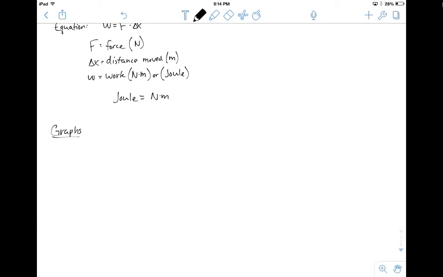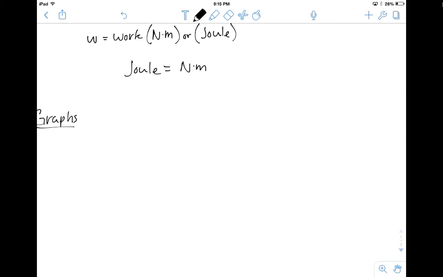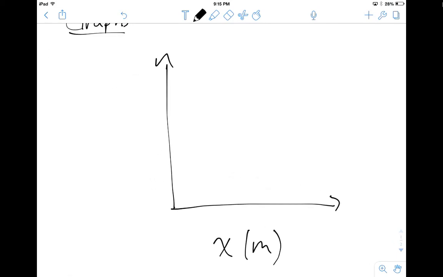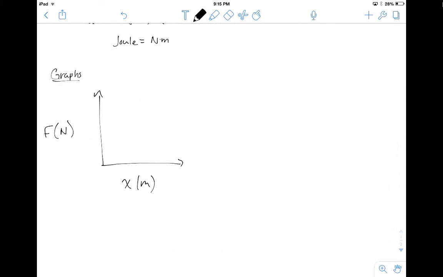Okay, so if we think about graphing what we measured in our lab, it'd look something like this. I would have a graph, and down here, I'm going to label this as x, which is distance, measured in meters. And over here, I'm going to label this as force, measured in newtons. Now, in our lab, our forces were constant.